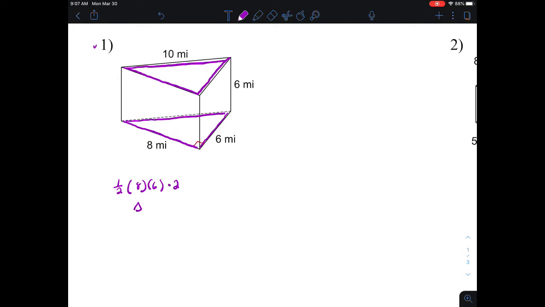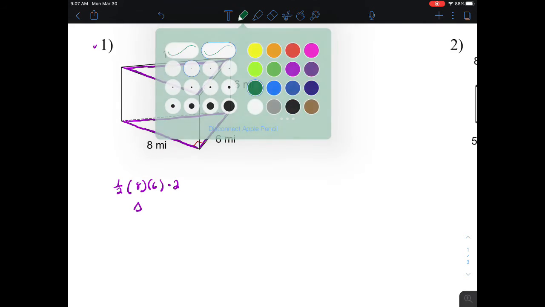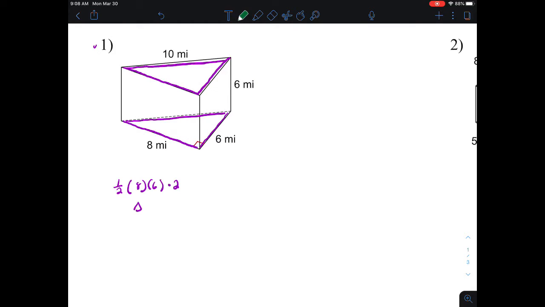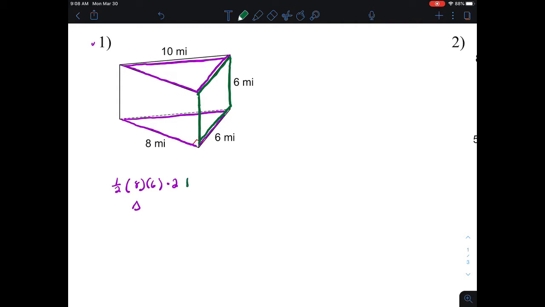And I also have this shape right here, which is a rectangle. Not a rectangle, actually, it's a square, so to that area I would need to add 6 times 6, or 6 squared. Now there's no other side that looks like that.